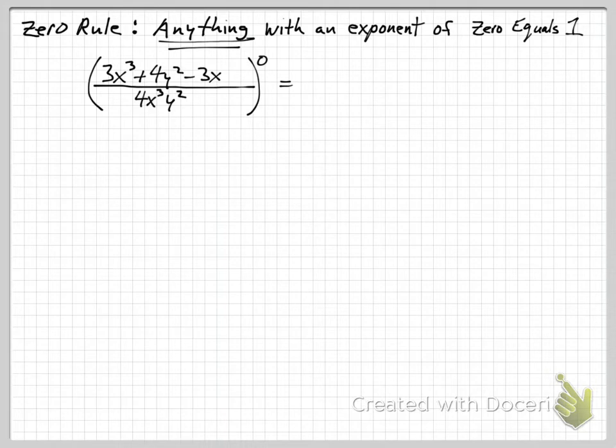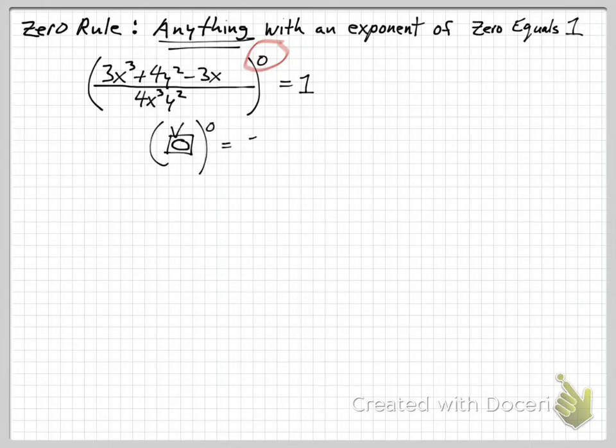And right here, here's the gotcha. This whole thing is raised to the 0 power. I've got this parenthesis, so that means everything in there is raised to the 0 power. Anything raised to the 0 power is simply 1.